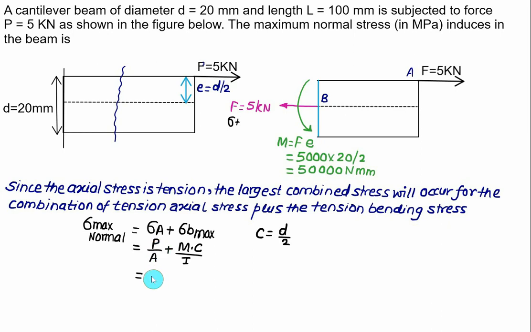So we can solve this equation. We have P equal to 5000 Newton, divided by area. Area is pi by 4 into d square, so 4 will shift to the numerator.